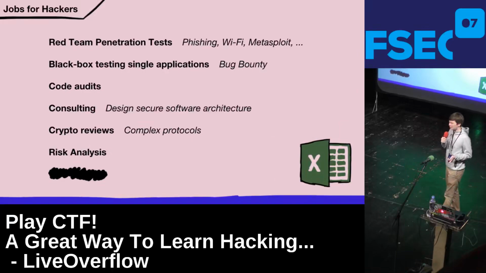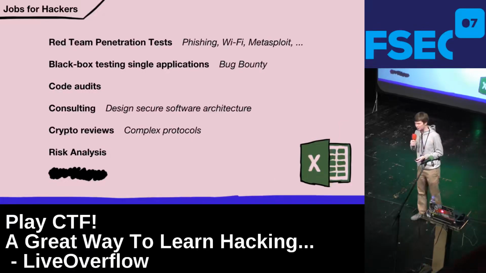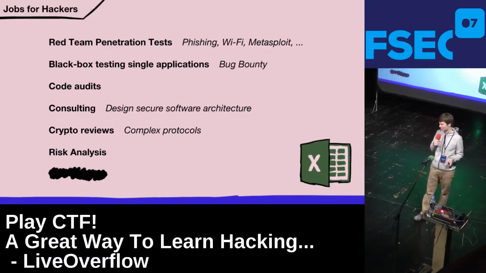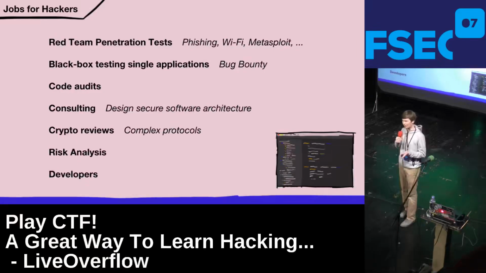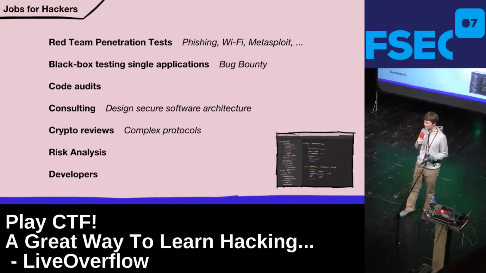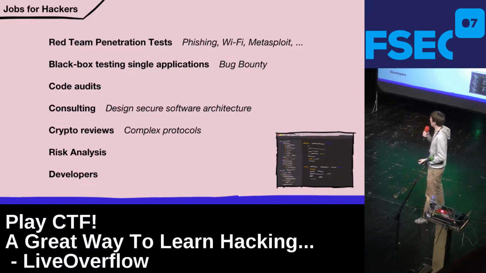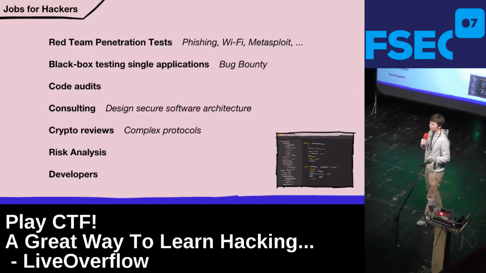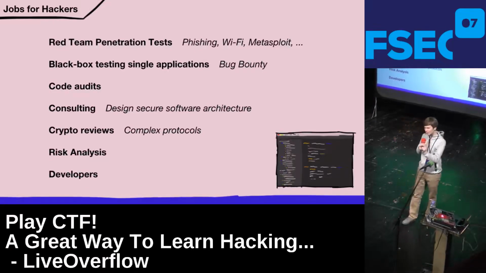You could also be somebody who just sits in front of Excel and does risk analysis and pushes around some numbers to see how much damage could be done or what the probabilities are. Or you are just a developer who has to write secure code, and that's good if you identify as a hacker and you are a developer. Hopefully you write less insecure code. And I believe, even though these jobs in our industry are so different, you would be better in all of them the more technical knowledge you have, the more detailed knowledge you have.